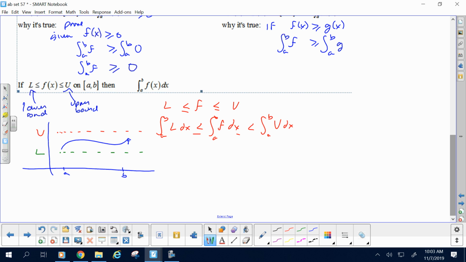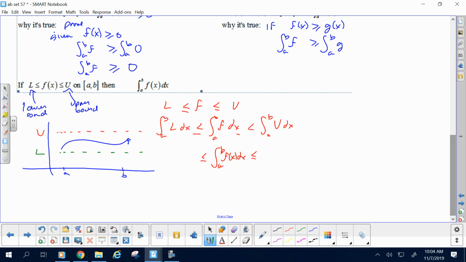Okay, now, the middle is what we're looking for, so we're going to just leave this untouched. But what is the left side? What's the antiderivative of L with respect to x? What's the antiderivative of 2 with respect to x? 2x. What's the antiderivative of 7?